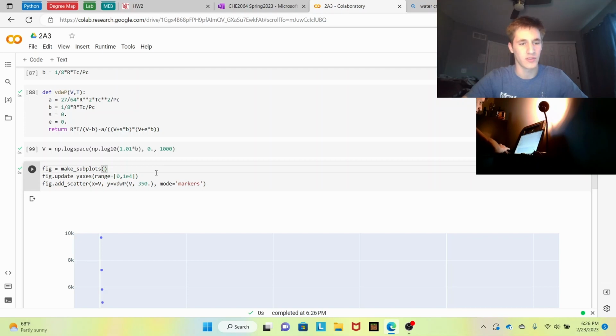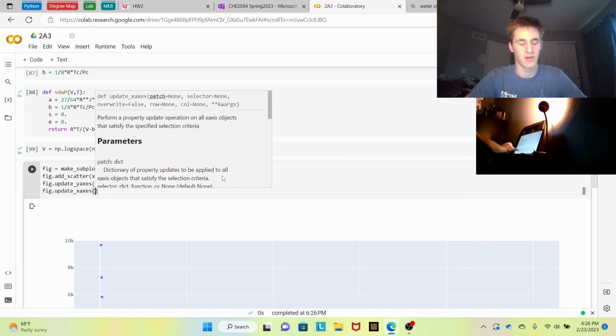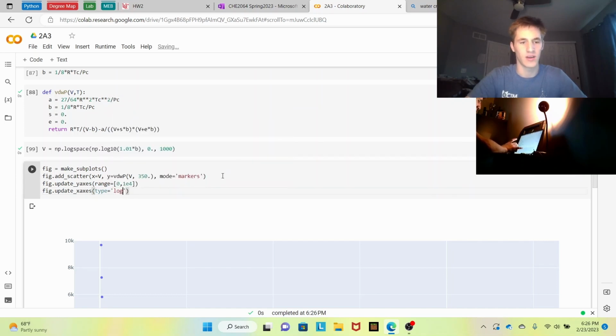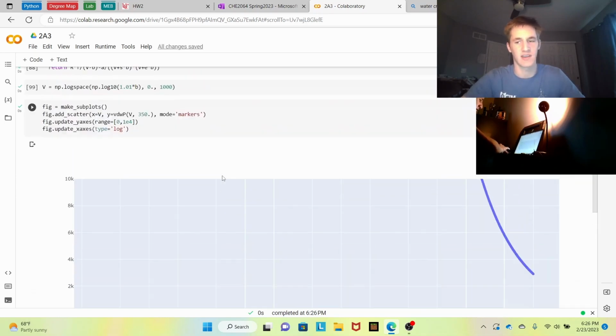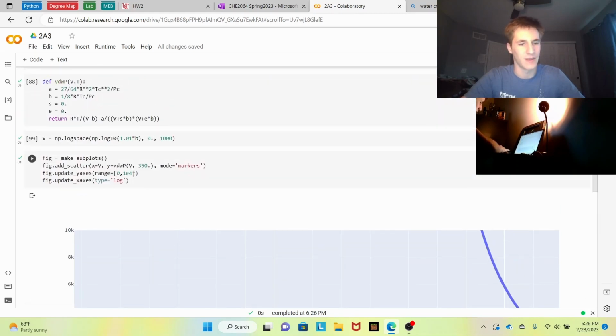And we will also, let me move this to the bottom. We will also update the x-axis. So our type is equal to log, so we have a logarithmic scale. And oh, well, we want to change our range, of course.